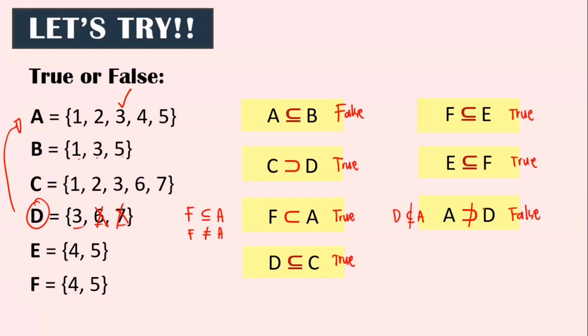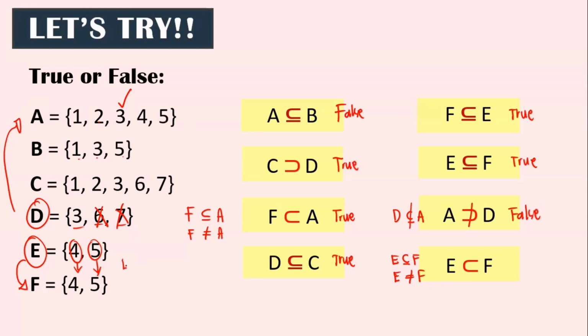So, this is false. Okay? So, next. Last, we have si E daw po ba ay proper subset ni F. Based on the definition, tingnan natin kung magmamatch sa definition. Dapat daw ang E natin ay subset ni F. Yes, tama naman. Subset siya, kasi yung 4, 5 ay meron din naman sa F. Pero, one more condition, dapat daw ang E natin ay not equal to F. Since dito sa ating E and F, they are equal, di ba?